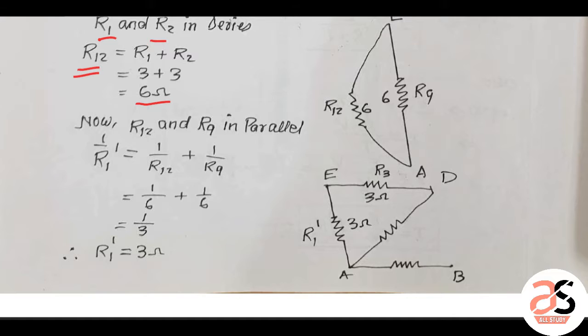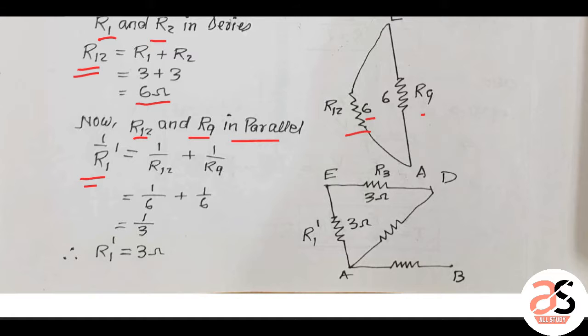This is the second figure, where I have replaced it with R12, value 6 ohm. Now these two are in parallel connection. So R12 and R3 are in parallel, so the formula will be 1 by R12 plus 1 by R3 for the total value. I have named the total value coming as R1 dash.